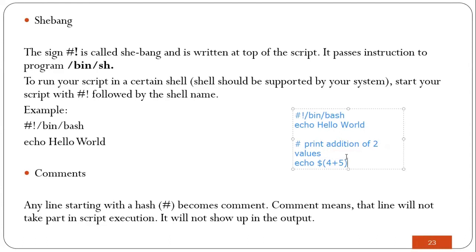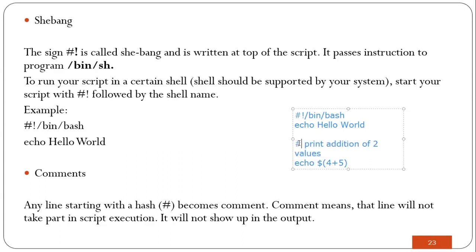But whenever I have written this script, the other person will not be able to understand if I don't mention the comment. It's a small script, so it might be understandable, but when a shell script has thousands of lines, it will be difficult for them. So this is how we represent comments.